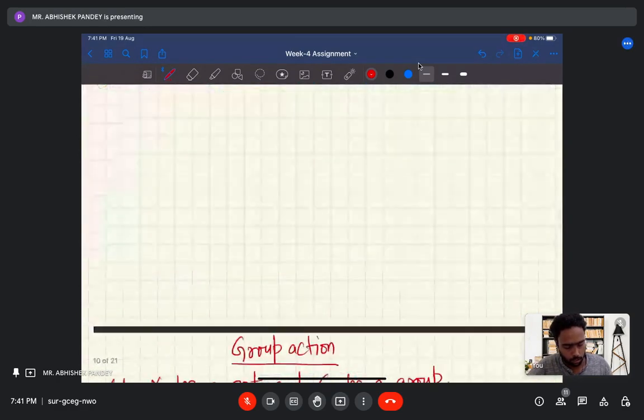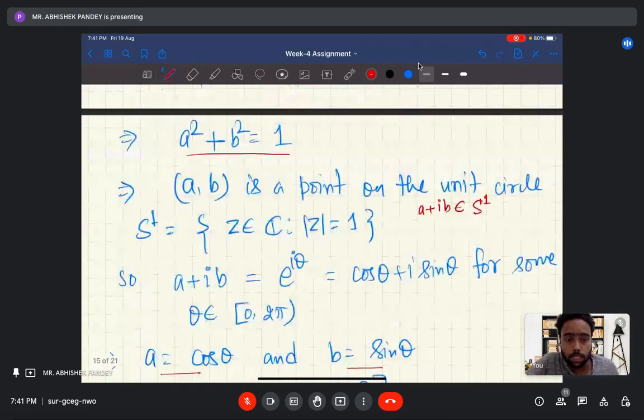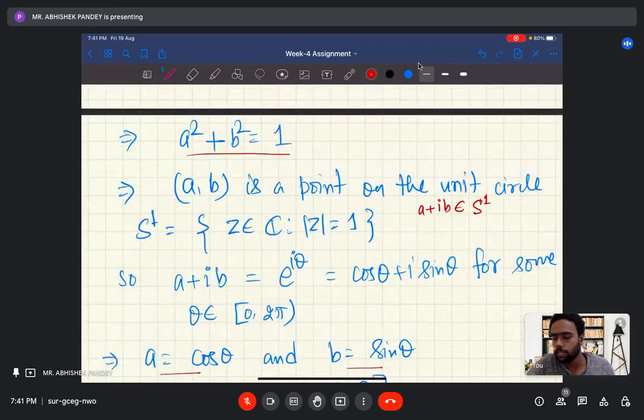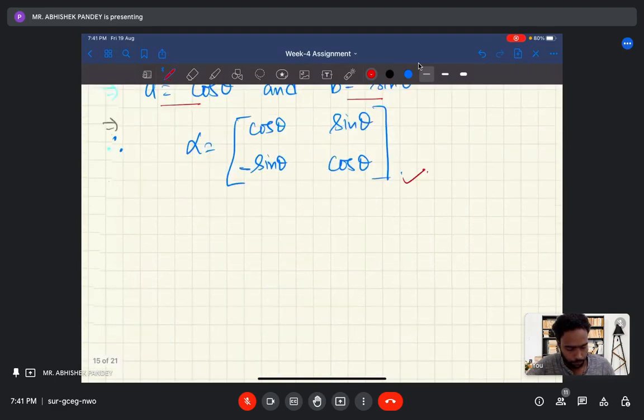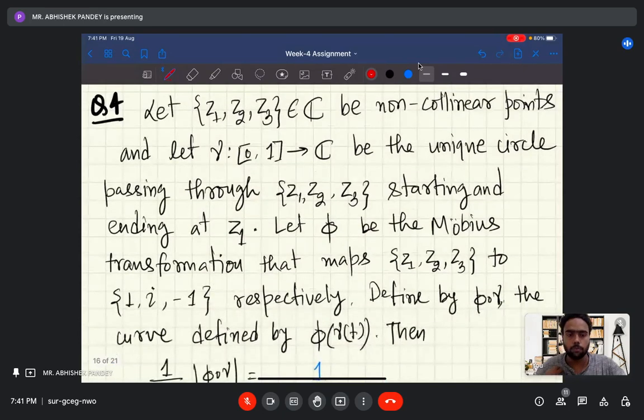Now let us look at the fourth question. So up to this, everything is clear. If any doubt, you can ask me or write in the comment section, the chat box. Is it clear to everyone? Is it clear?